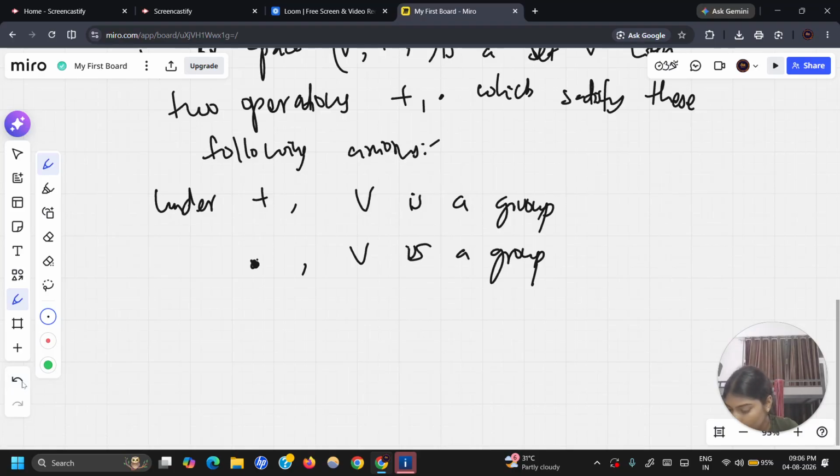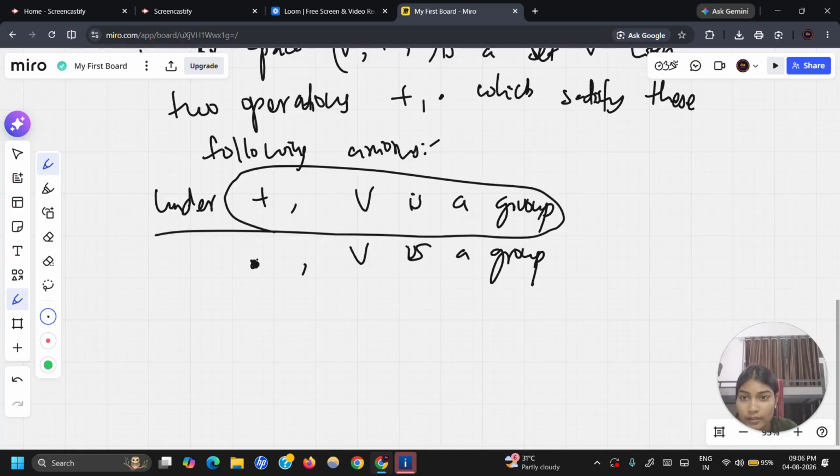So let us see what addition means here. V is a group under addition.